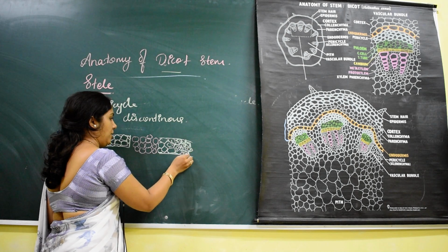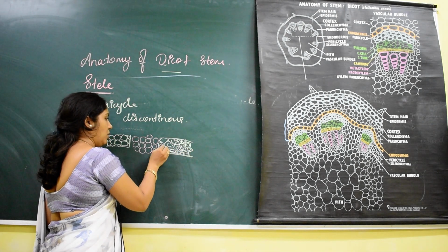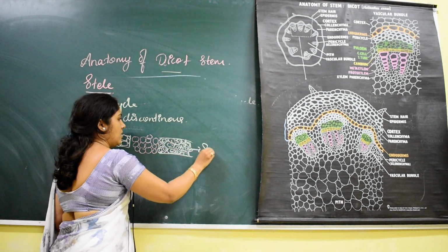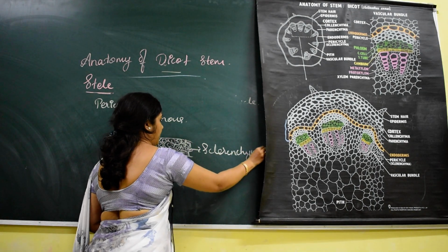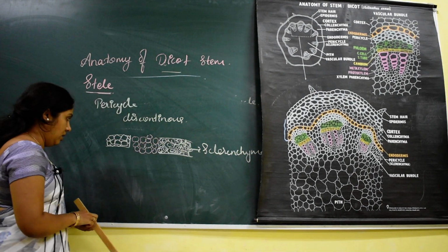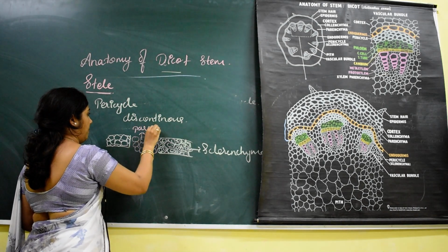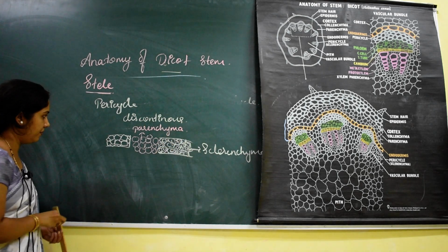So the sclerenchyma, you can see, is not continuous. In between the patches of sclerenchyma, we can see parenchyma. This is sclerenchyma. And this is parenchyma.